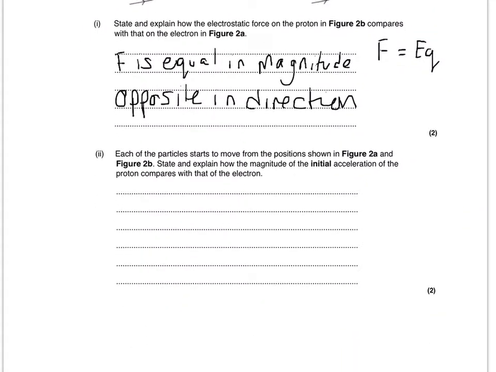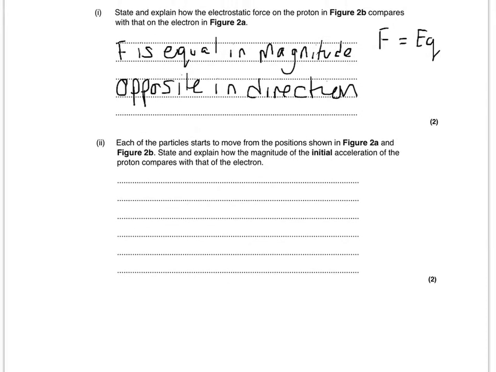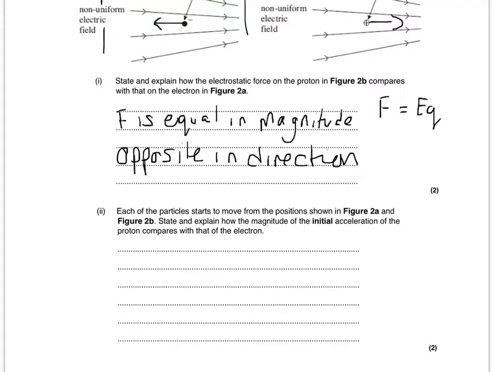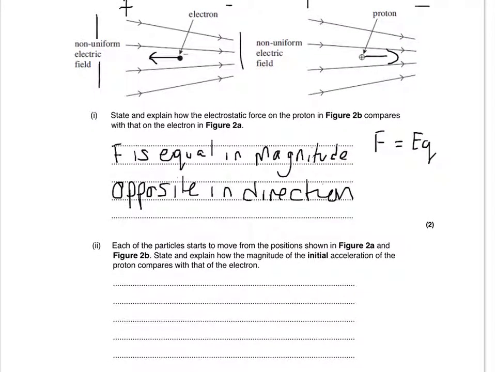So the next part of the question: each of the particles starts to move from the position shown in figure 2a and b. State and explain how the magnitude of the initial acceleration of the proton compares with that of the electron. Okay, as you can see, the proton is going to be accelerated in this direction.